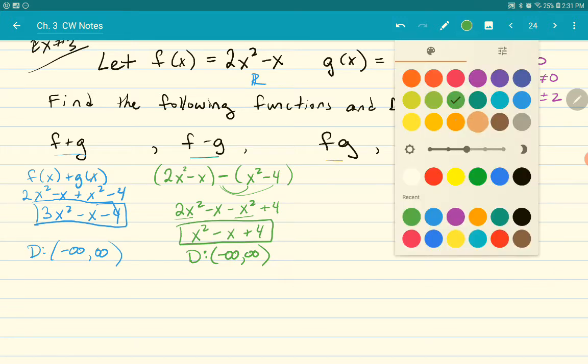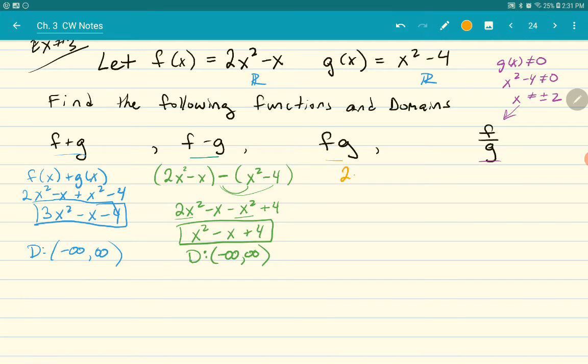Now for the product, I'm going to have to FOIL this one. I did forget to write f of x times g of x. All right, so foiling this, I get, let's see, 2x to the 4th minus 8x squared minus x cubed plus 4x.